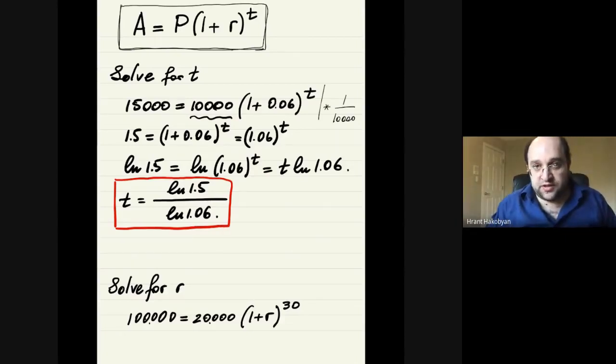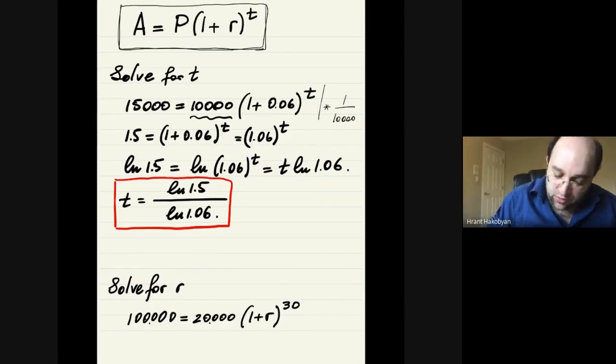And so if you want the applications, what this is saying is, if you invest $10,000 and the account gives you 6% annual interest, then the question is, at what time will there be $15,000 in your account?